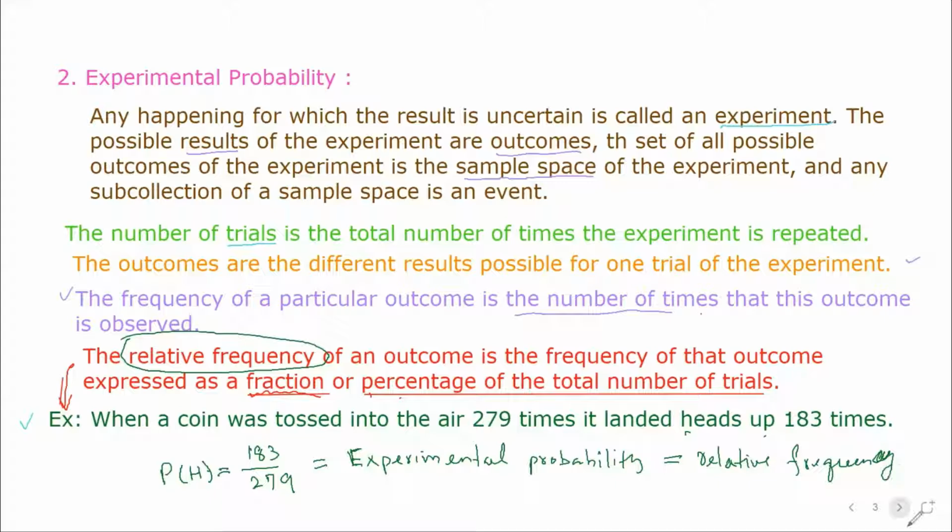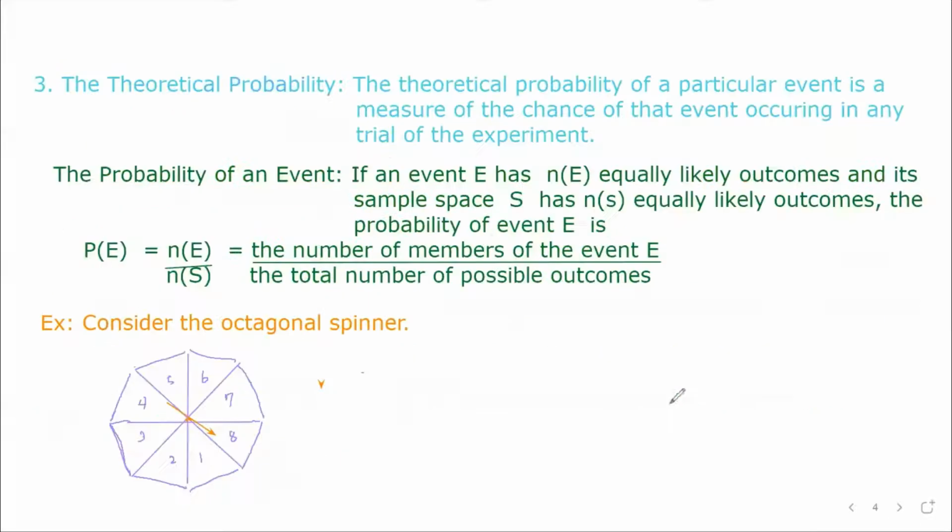Okay, so we go to the next example. The third one, the theoretical probability. The theoretical probability of a particular event is a measure of the chance of that event occurring in any time of the experiment.